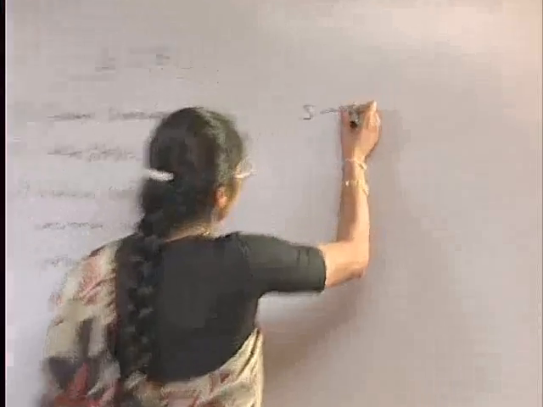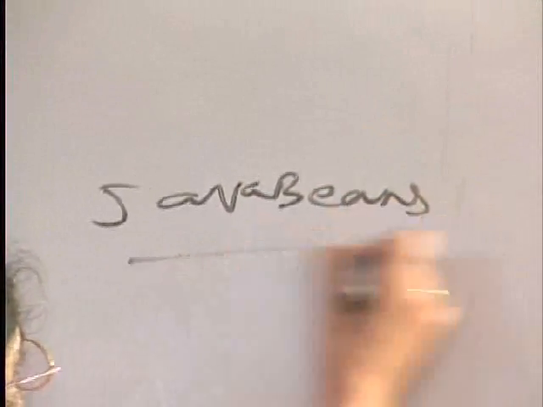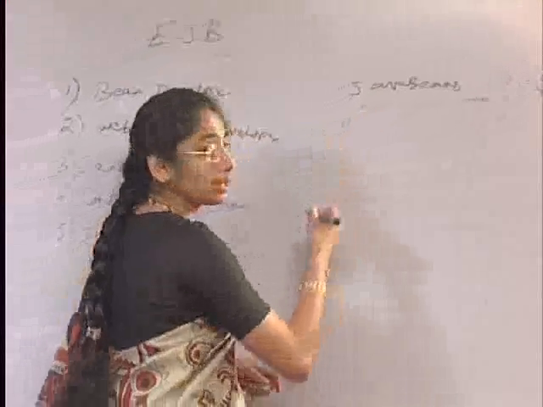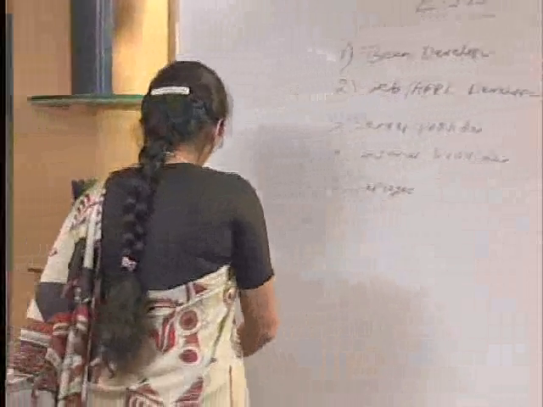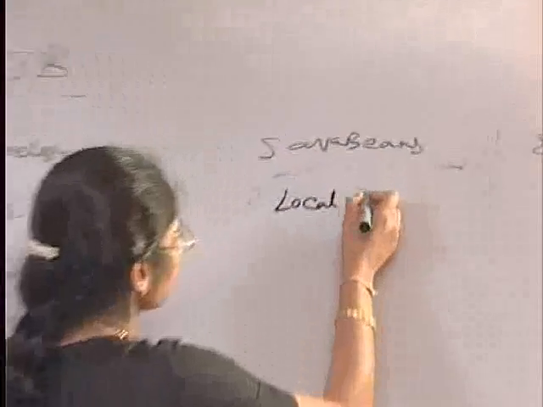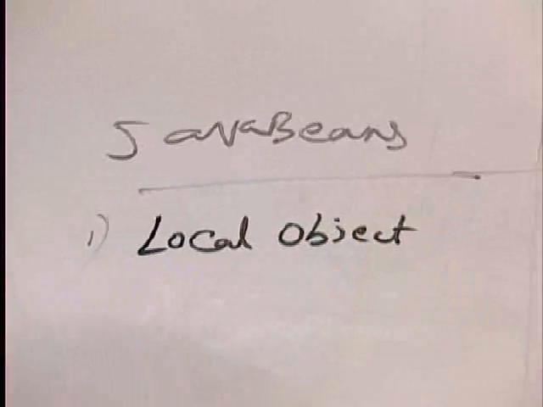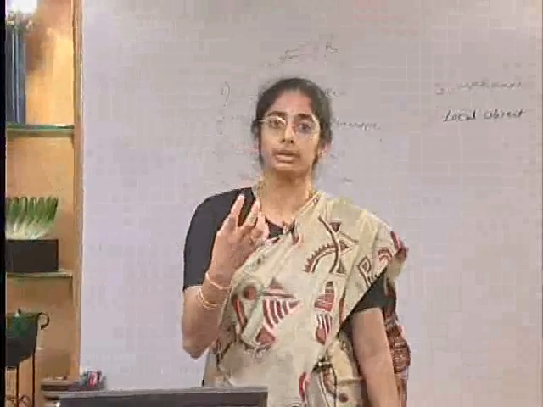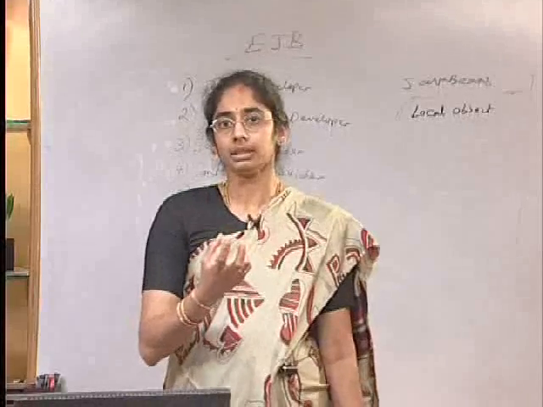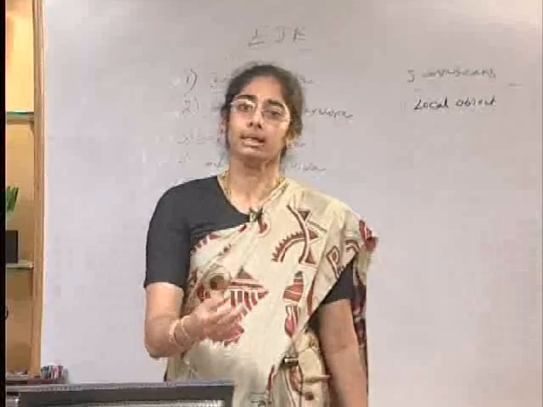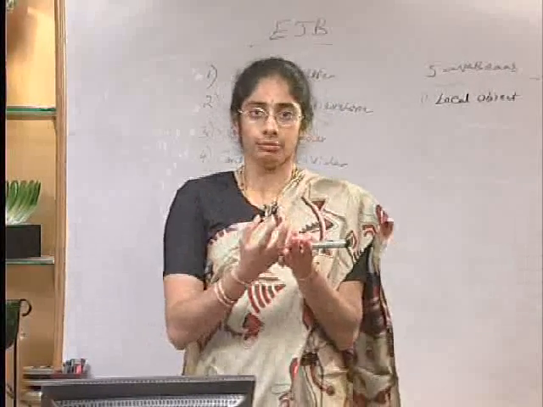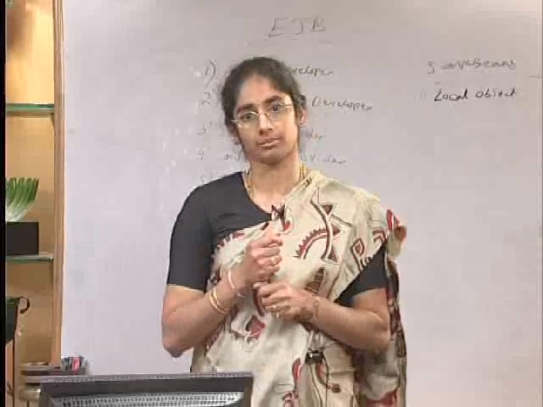A Java bean is a local object, which means that although it's also a component architecture, wherever I have written this component, any class which is available locally can make use of it. This means the component should be residing with the application to make use of it.